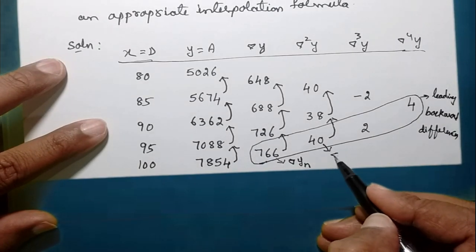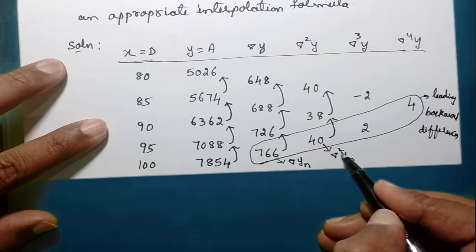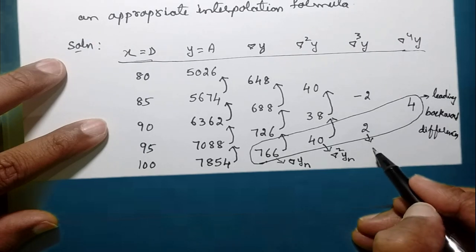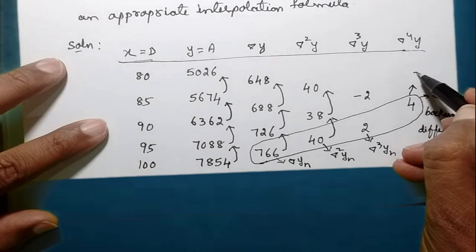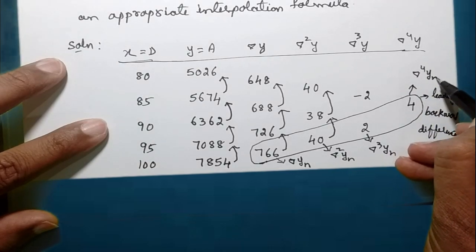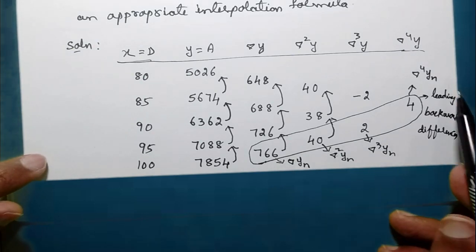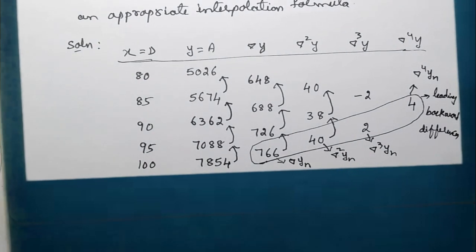This will be nabla square yn, this will be nabla cube yn, and this value will be nabla power of 4 yn. So these are the leading backward differences.